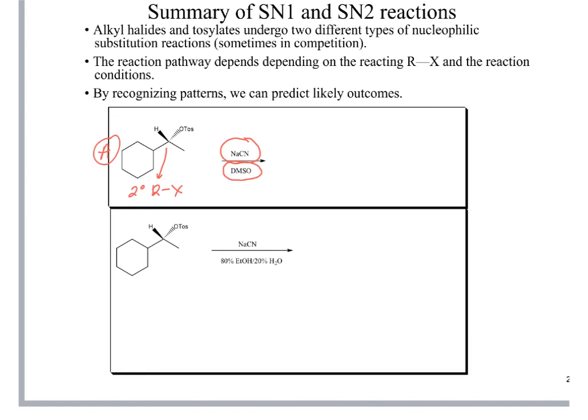So when you see DMSO, acetonitrile, DMF, and hexamethylphosphoramide, HMPA, then you know you have an SN2 reaction.